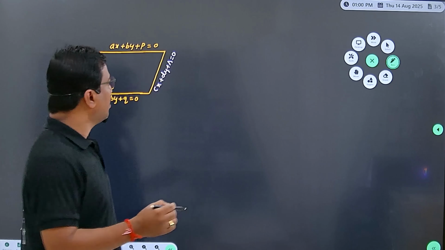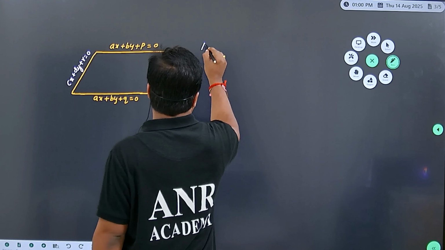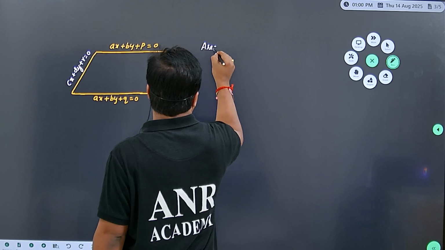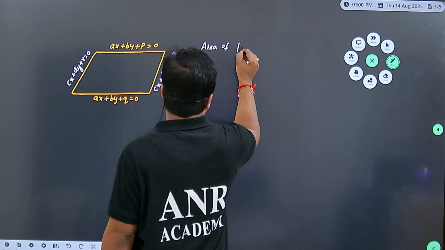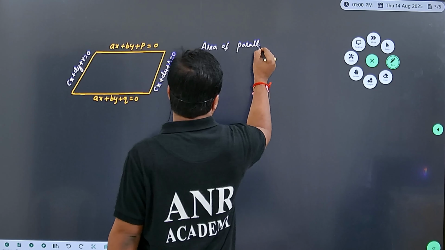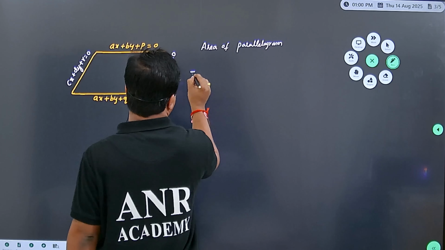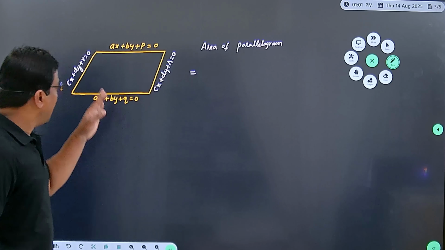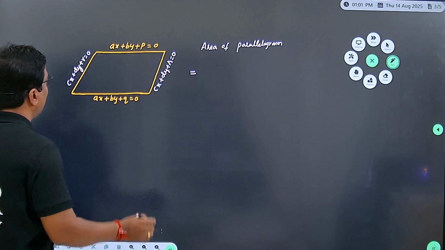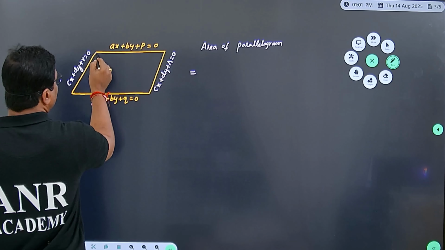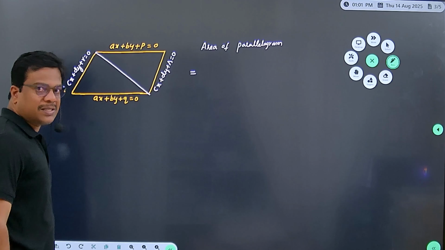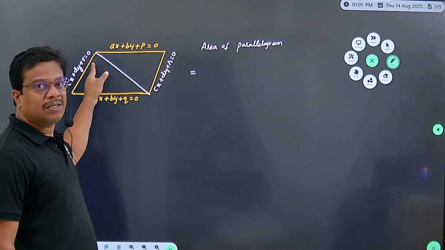Here we need to find the area of the parallelogram. I am going to divide the area of the parallelogram into two equal parts just by this diagonal.